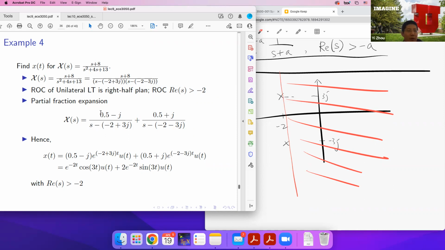So for example, here, 0.5 minus 3, this is a numerical constant, so we can keep it. And for the rest of this fraction with this ROC, we can figure out the inverse by looking into the table. It's quite standard. And then you can simplify that a little bit.